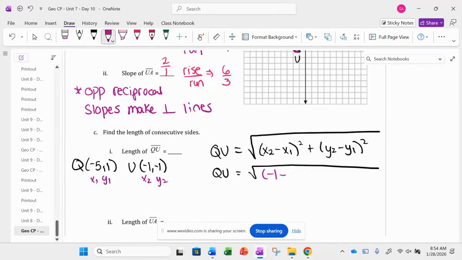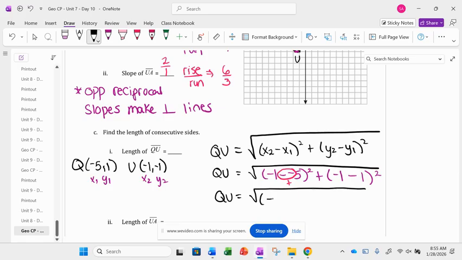Sorry, let's fix that. -1 minus a -5 quantity squared plus -1 minus 1 quantity squared. Do we all agree this double negative makes a positive? So we're going to have -1 plus 5 squared and then plus -1.